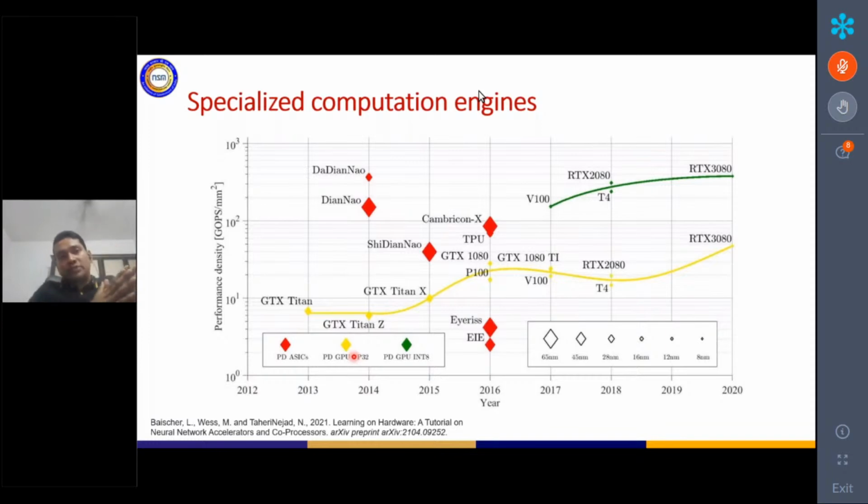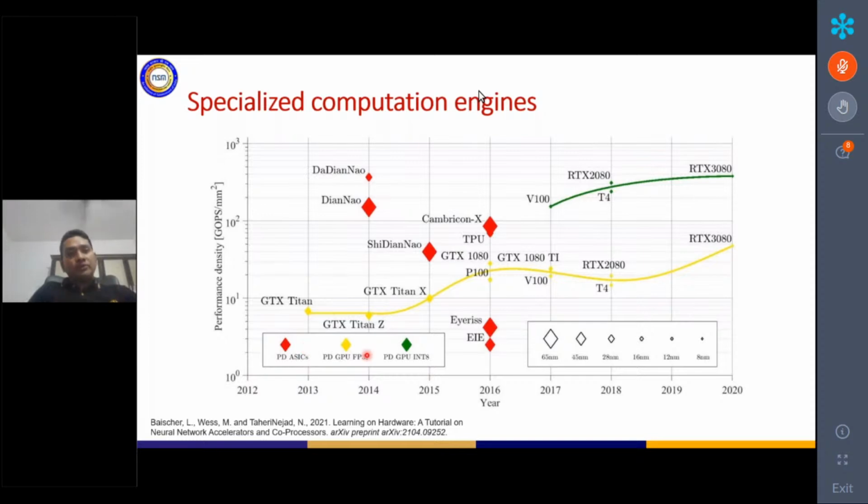You have the processors, which are very generalized, the general purpose computing engine, where you can do everything. Now you have ASICs, which are highly specialized only for AI benchmarks. Here we talk about AI based ASICs. Of course, for any other application domain, you can have different ASICs as well.